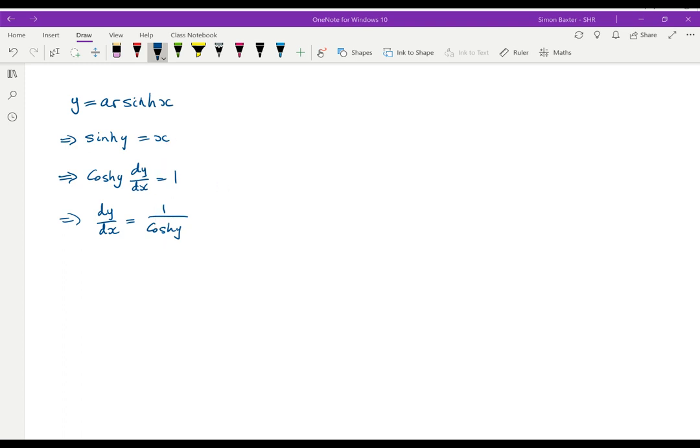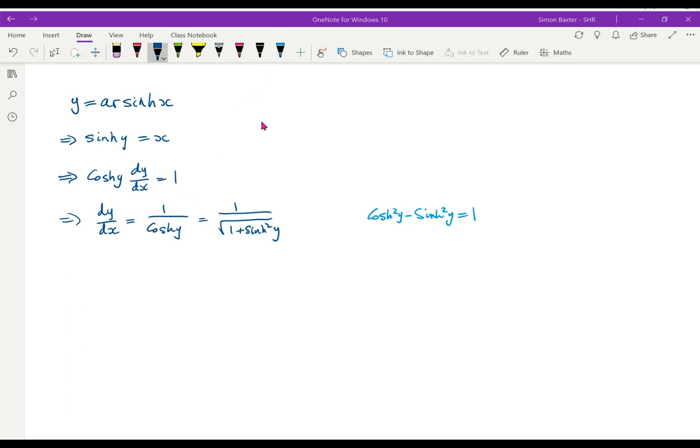At this point, you need to remember that cosh squared y minus sinh squared y is 1. And therefore cosh y is root 1 plus sinh squared y. Now I hope at this stage that you're all shouting at me to put in plus or minus.